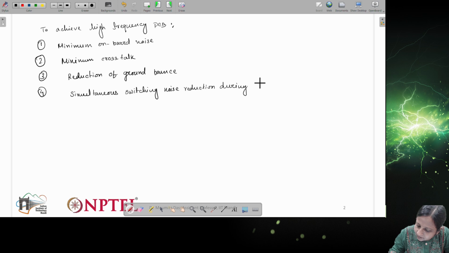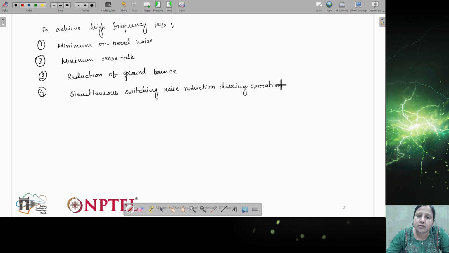It can happen that there are multiple switches, so we have to make sure the simultaneous switching is not happening. There may be some gap between the switching of one particular switch with respect to another switch. That part we need to look after.